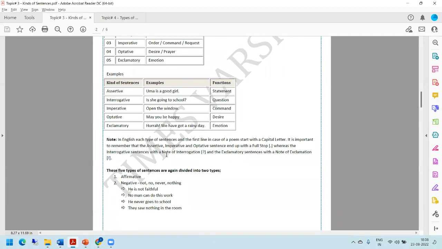interrogative sentences end with a note of interrogation or question mark, and exclamatory sentences with a note of exclamation. So from here you can say that every sentence does not end with a full stop.